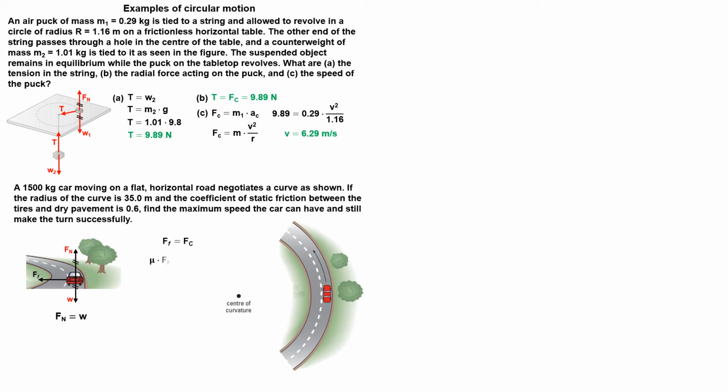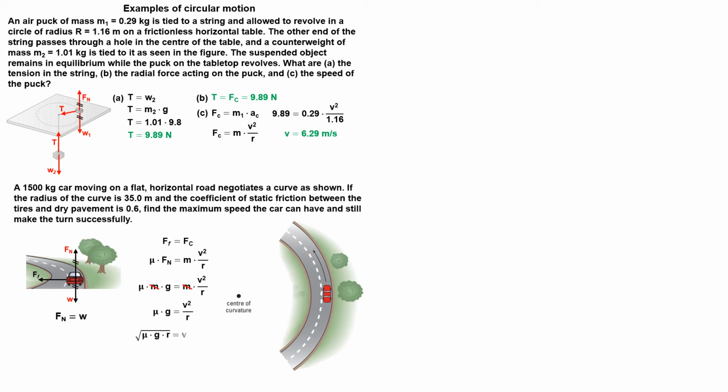We start by substituting formulas for each side of the relationship. The friction force is related to the coefficient of friction and the normal reaction at the surface where friction occurs, and the normal force is equal to the weight. We can cancel the m on either side.